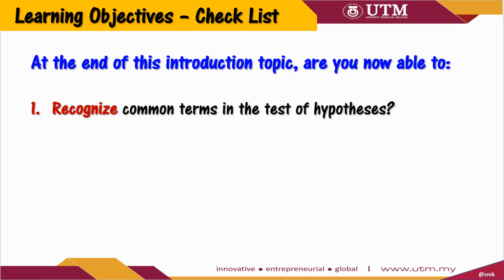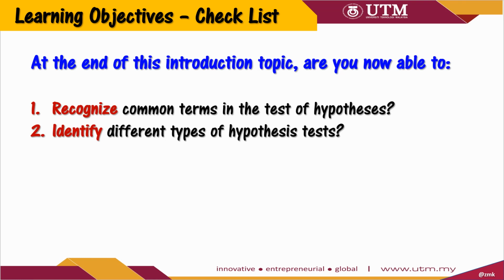What about the second learning objective? Are you now able to identify different types of hypothesis tests? This learning objective is crucially important to remarkably master this chapter. What about the third learning objective?